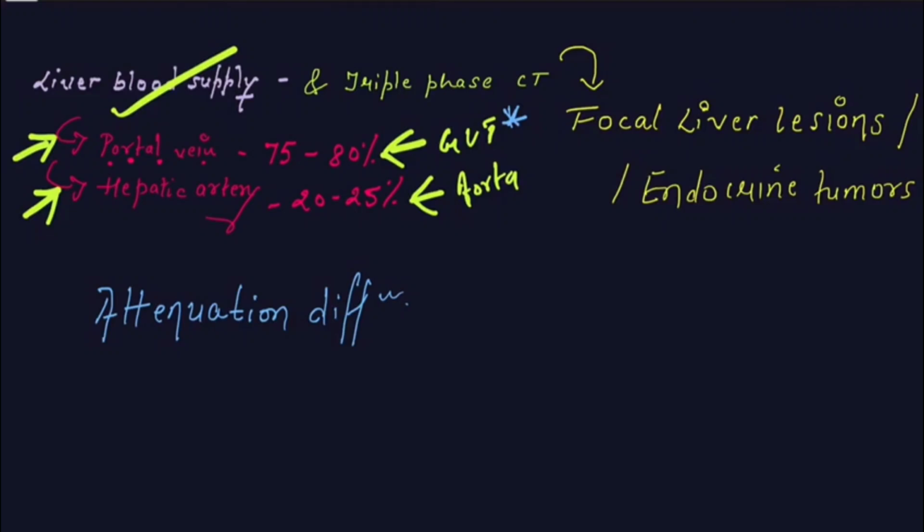And another thing is that whenever there is portal hypertension, the pressure in the portal vein is very high, so it cannot take blood from the gut to the liver. So what happens? There is instead retrograde flow.